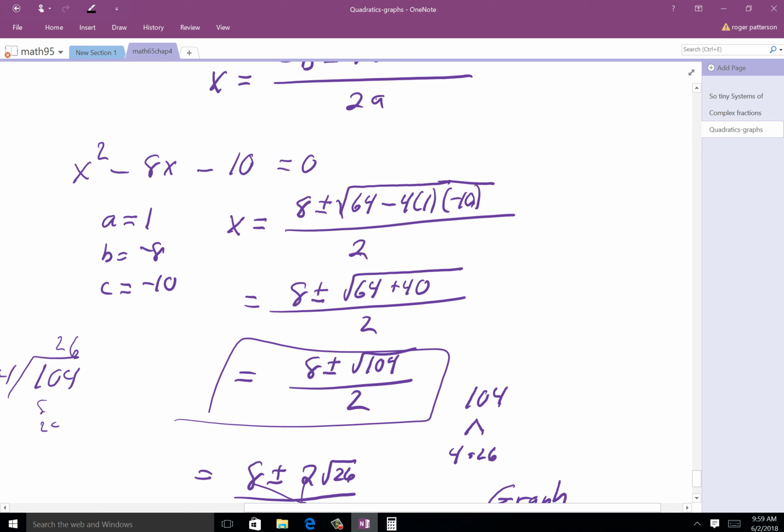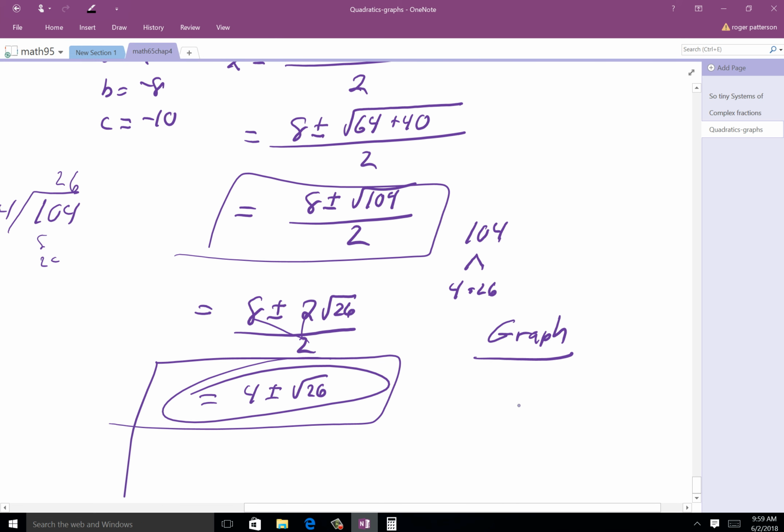So yeah, this graph checks with my answers. The difference is an approximate answer versus a complete answer, an exact answer. So here's my graph. Yep, there's my x-intercepts. They match. That's what I'm looking for.